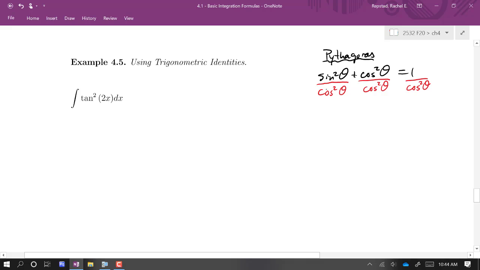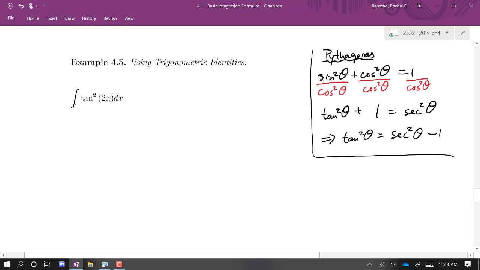So this first fraction, sine squared over cosine squared, is tan squared, plus 1. And on the other side, 1 over cosine is secant, so this is secant squared theta. And this means, using this identity, that tan squared theta is equal to secant squared theta minus 1.